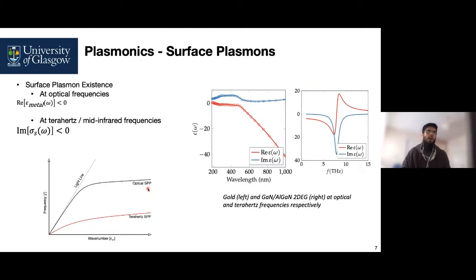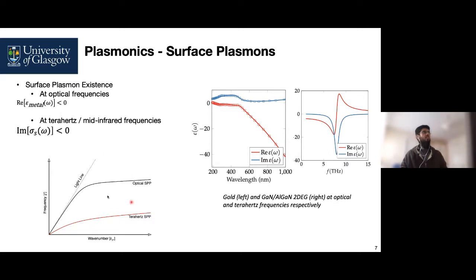In order to have surface plasmons exist on material interfaces, there are certain conditions that we need to meet. As I said in the earlier slide, these conditions are met either at optical frequencies by metals or at terahertz frequencies by semiconductor materials.